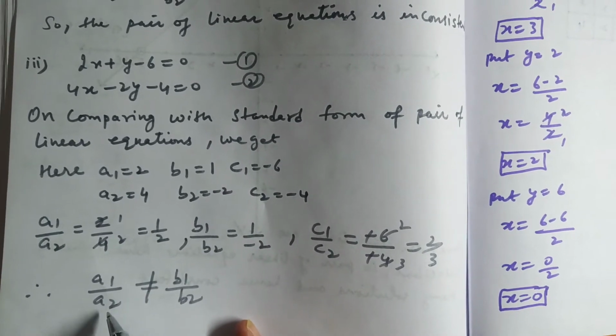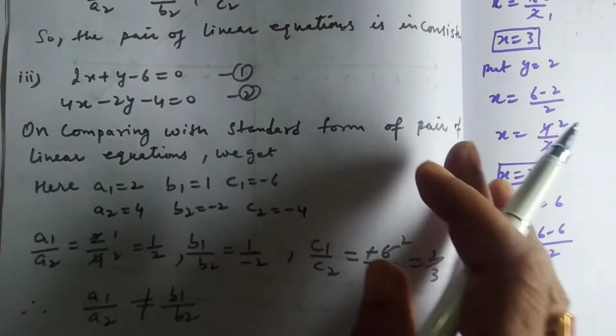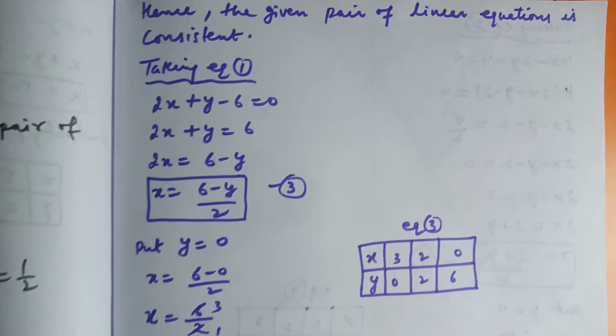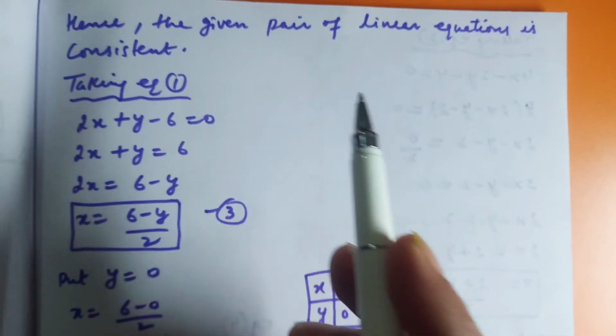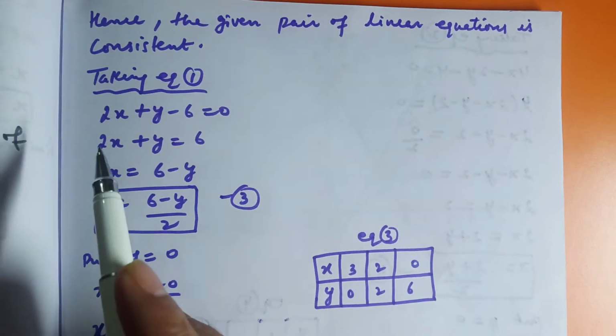Therefore, a1 upon a2 not equal to b1 upon b2. Hence, the given pair of linear equations is consistent.